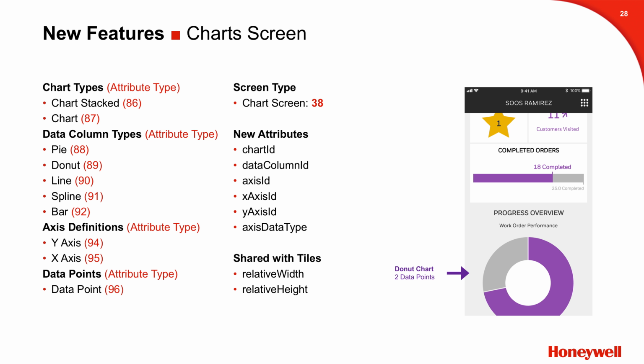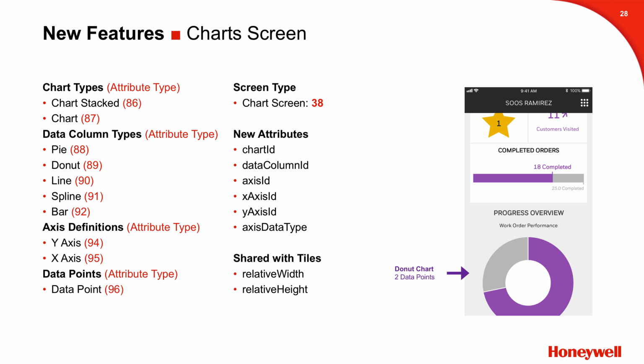And we introduce several new attributes to set up your charts, like chart ID, data column ID, axis ID. Just what you need to set up these charts. And then we have attributes that are similar to what we see in tiles with relative width and relative height.